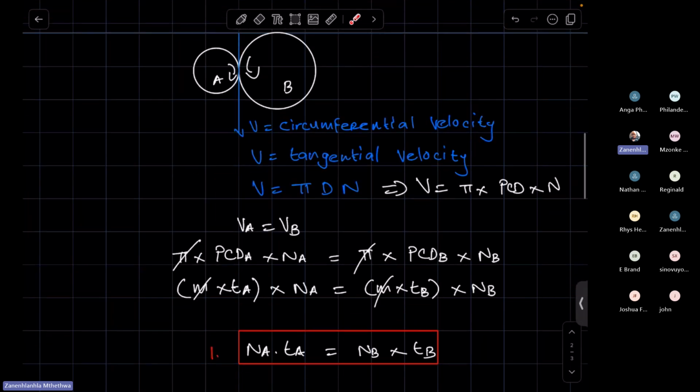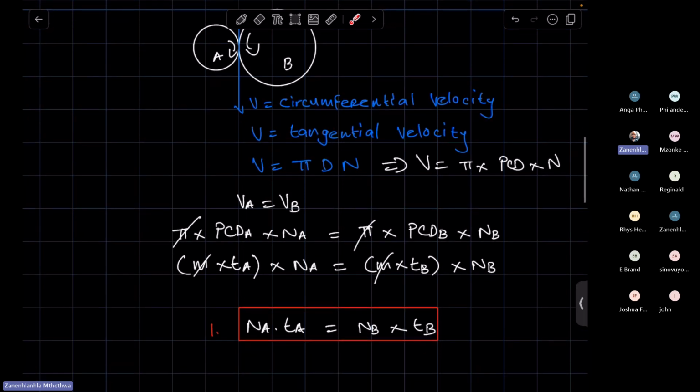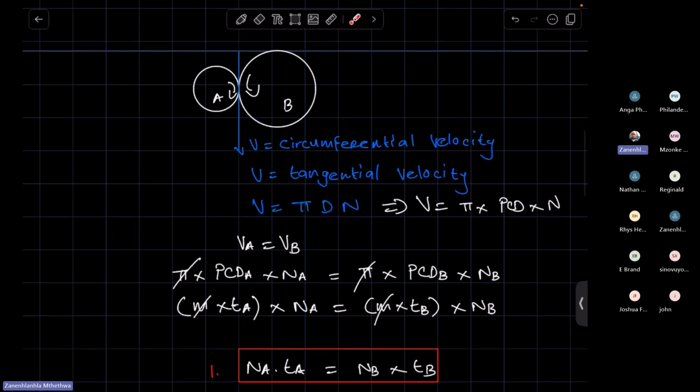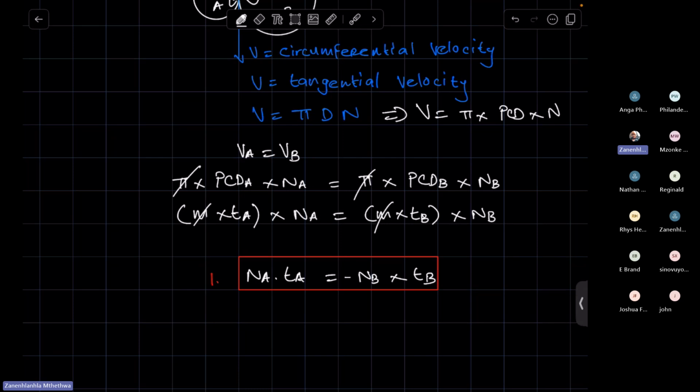Considering this typical case, we said this is going clockwise, so the direction of A is clockwise, and because it's clockwise, you leave it as positive. Then we look at B. Because A and B are meshing on the outside circumference, they go in different directions. So if this is going clockwise, that's going anti-clockwise. Because B is going anti-clockwise, you insert a negative sign there. Are we together?